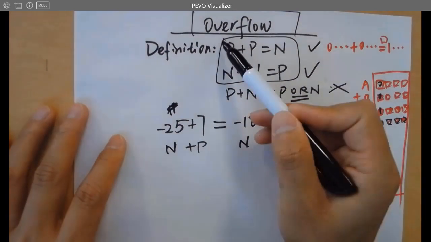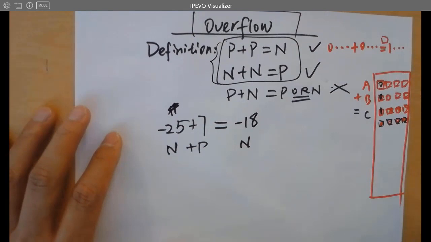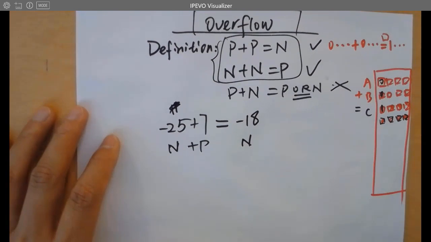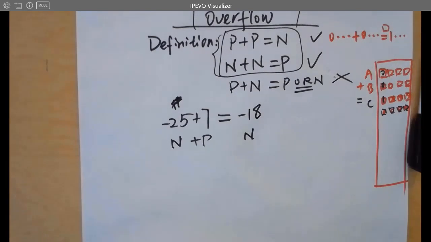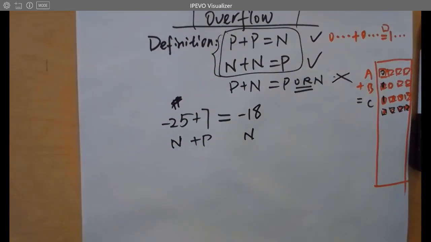Cannot satisfy any of these two conditions. So no overflow. No overflow at all. Why no overflow? Intuitively. I always want you guys to think about everything intuitively so you can understand that forever. It's not like you memorize a method and you don't understand it. You just do it on paper like a robot and you'll forget it in a second, right?